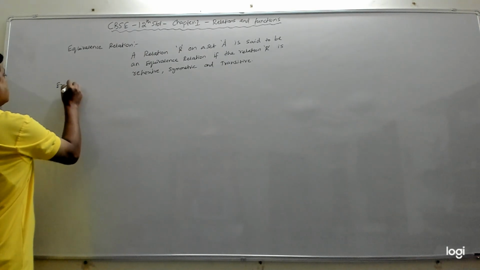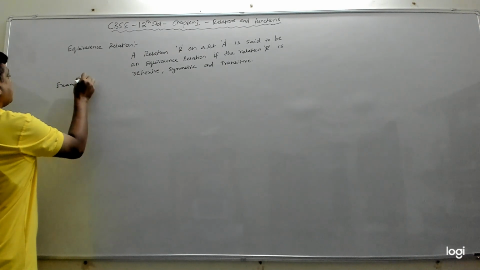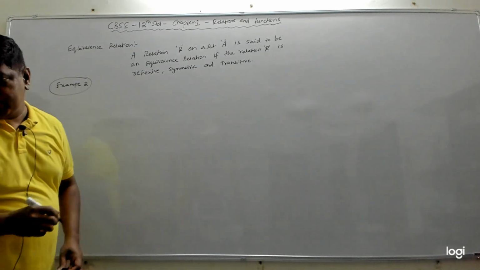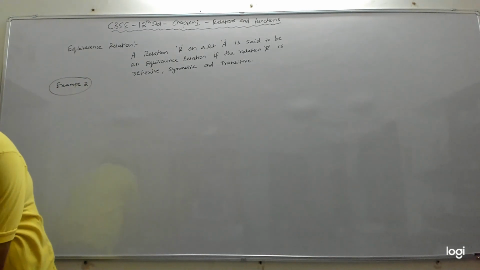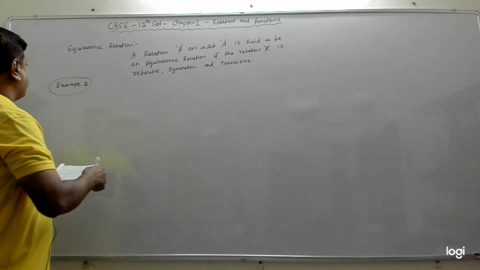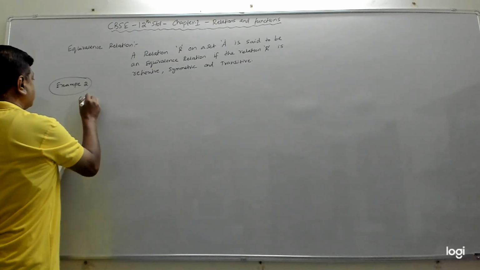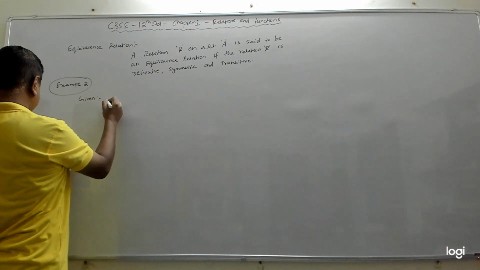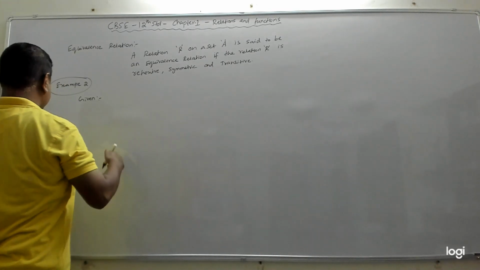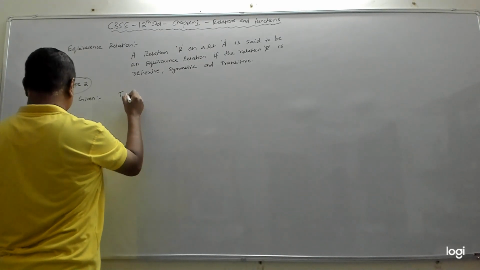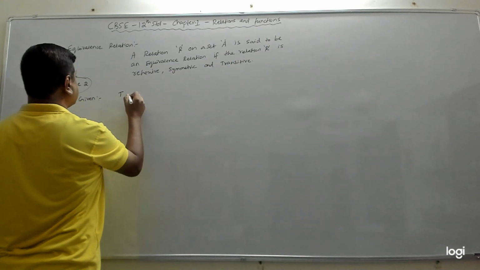Example 2 in your textbook, page number 3. So we write what is given. Given in the question: T is the set of all triangles in a plane.